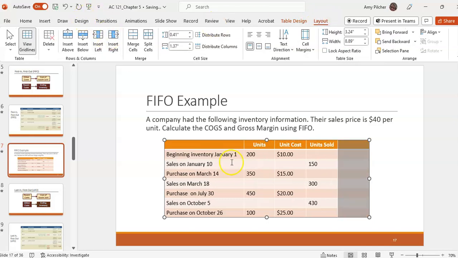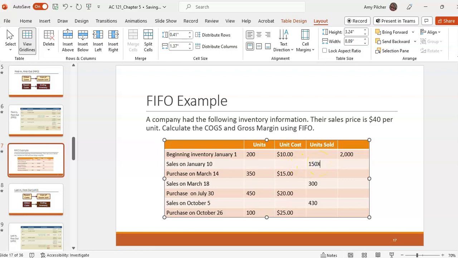Okay, so we have 200 units at $10. We have inventory value 10 times 200 of $2,000. We sell 150.